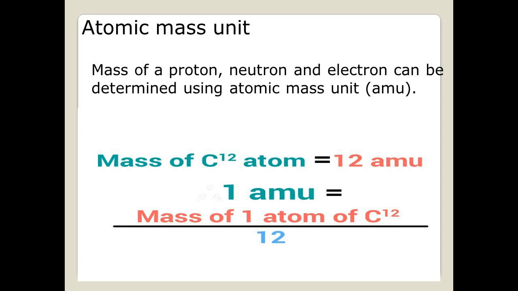Hence a unit called AMU has been introduced. If a carbon atom is divided into 12 parts, one portion among the 12 parts is called the atomic mass unit. It means 1 by 12th of the mass of a carbon atom is what we call AMU.